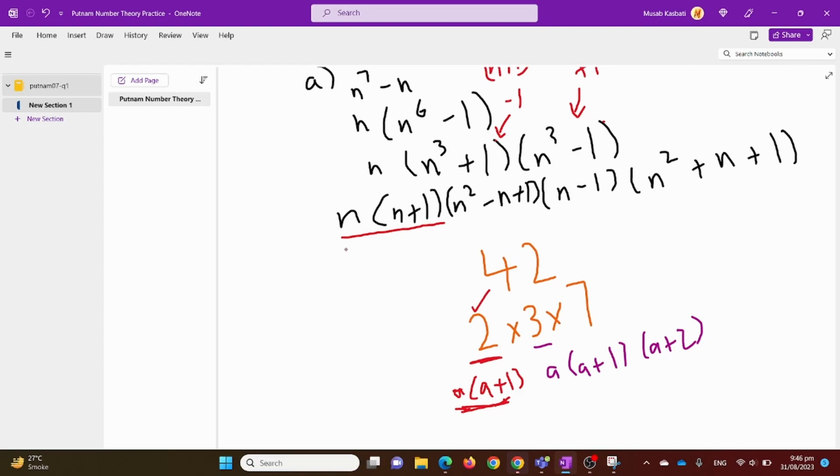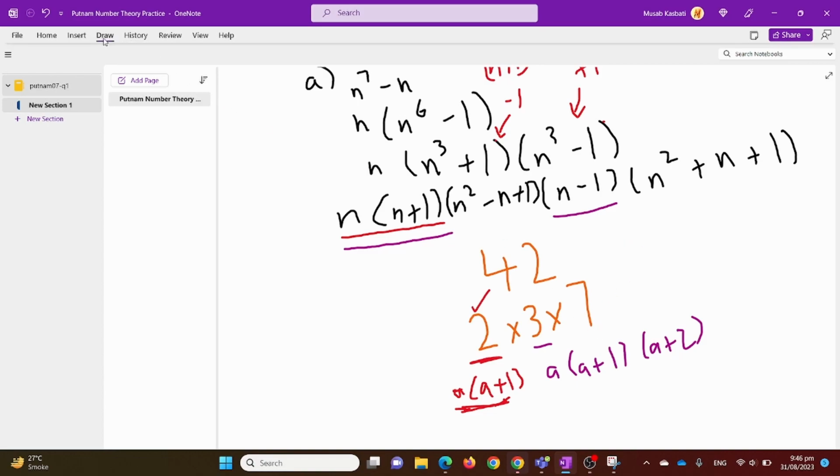But what I'll simply do is highlight this and this, because now these are 3 consecutive numbers. Because if we start at n minus 1, then the next number is n, and the next number is n plus 1. So 3 consecutive numbers are multiplying together, and then this and this are just 2 other integers, so that doesn't really matter. But yeah, we've shown that this is a multiple of 3 as well.